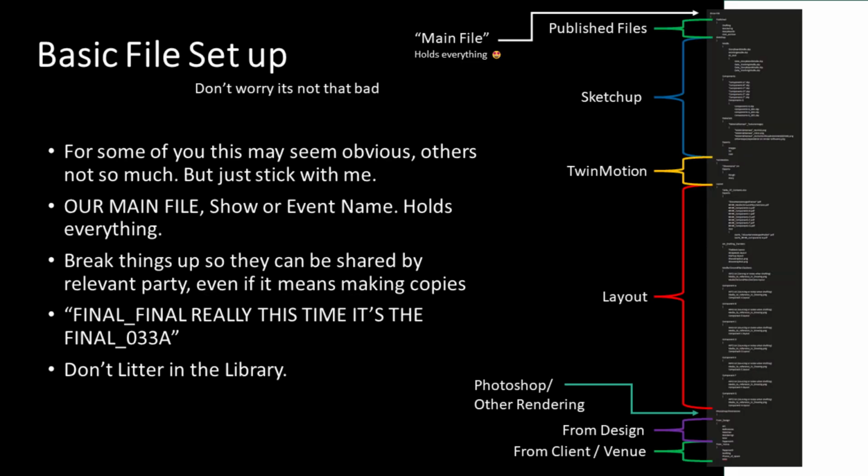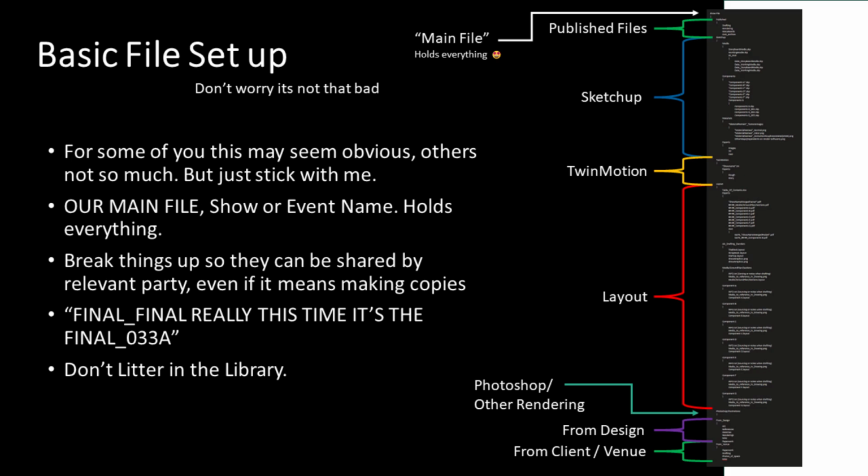So first up, we have a basic file setup in that long gray box. I have exploded our basic outline for how things not necessarily need to be structured, but how I have things broken up, not necessarily by file type, but by program type. So at the top, we've got our main root file.